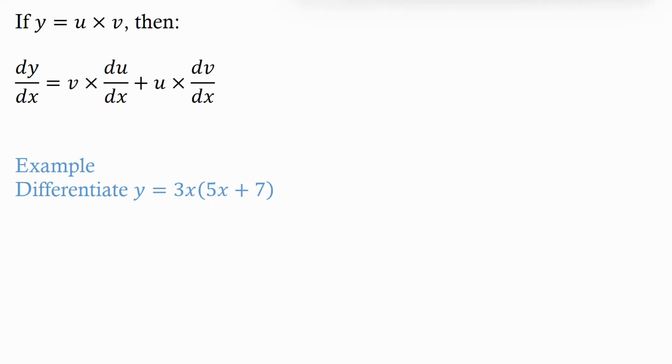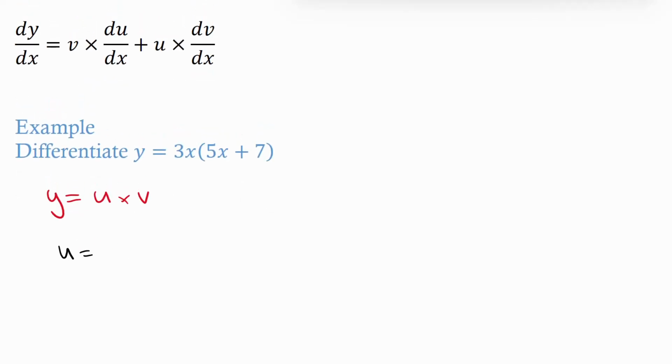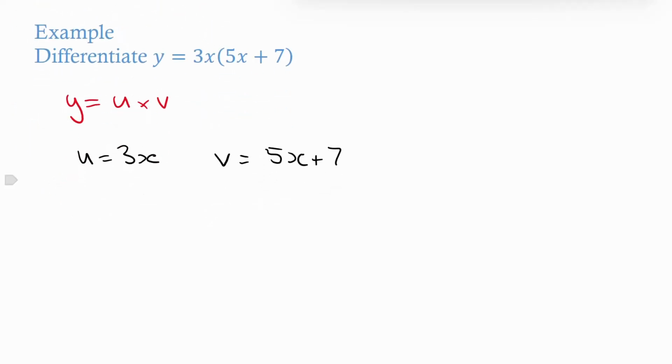So if I draw this up, we have y equals u times v. In our case, my u is going to be 3x and my v is going to be 5x plus 7. I don't need brackets. We're going to differentiate these, so du over dx equals 3, dv over dx equals 5.